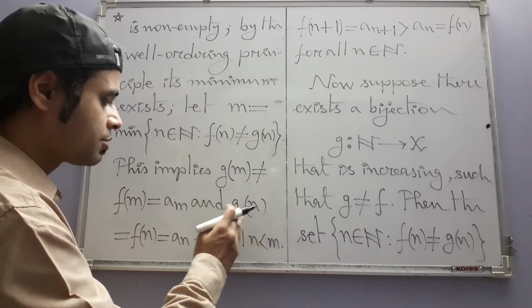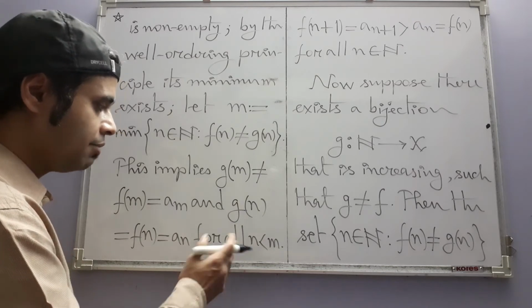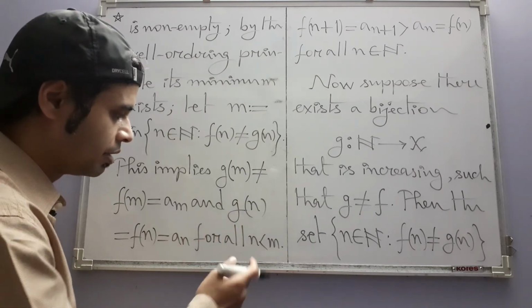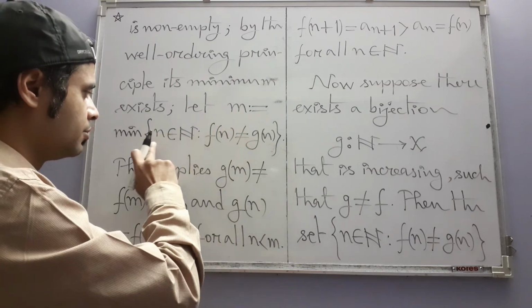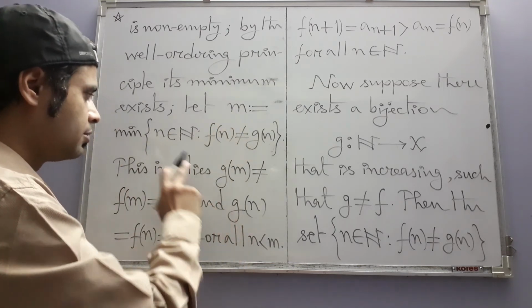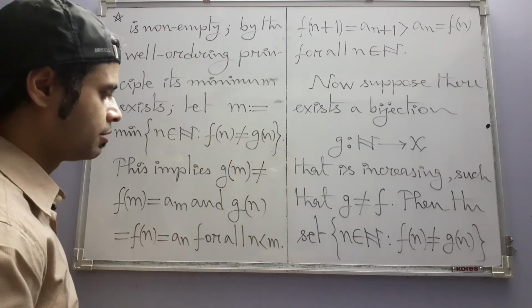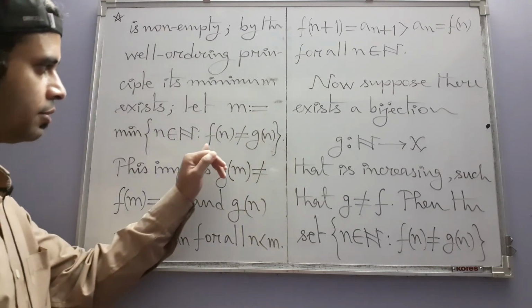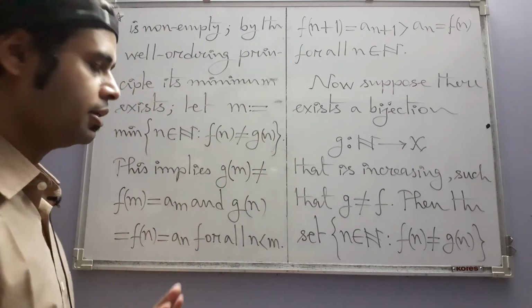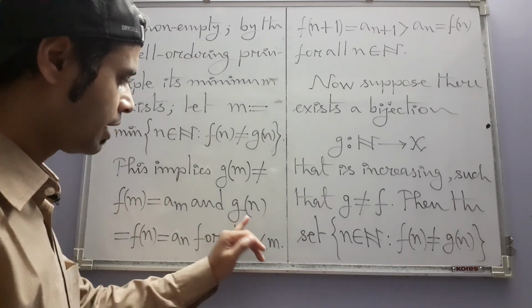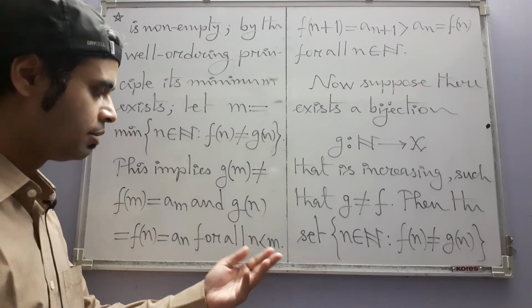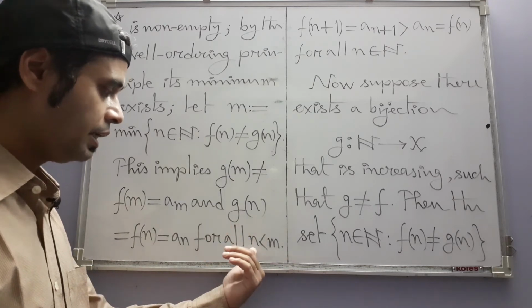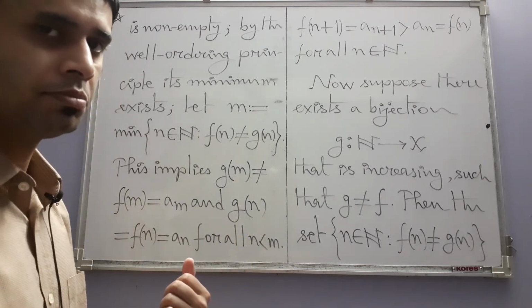But what about the smaller natural numbers? If there is any such natural number smaller than m, then due to the minimum nature of m, none of these n's belongs to this set. So for them, f and g will agree. That's why g of n is equal to f of n, which is a_n, for all inputs smaller than the minimum m.